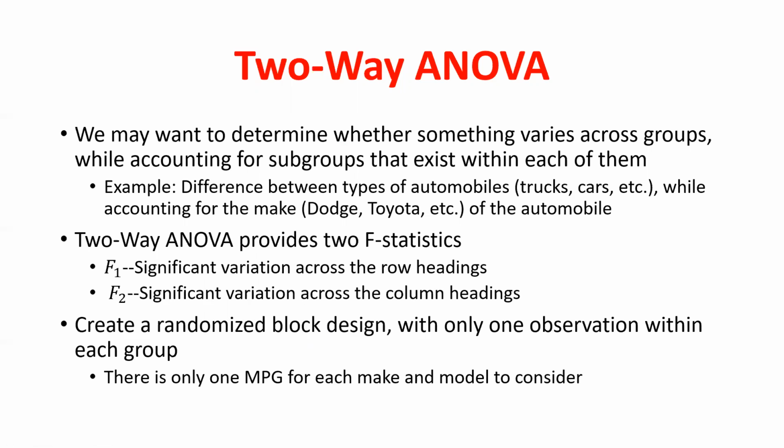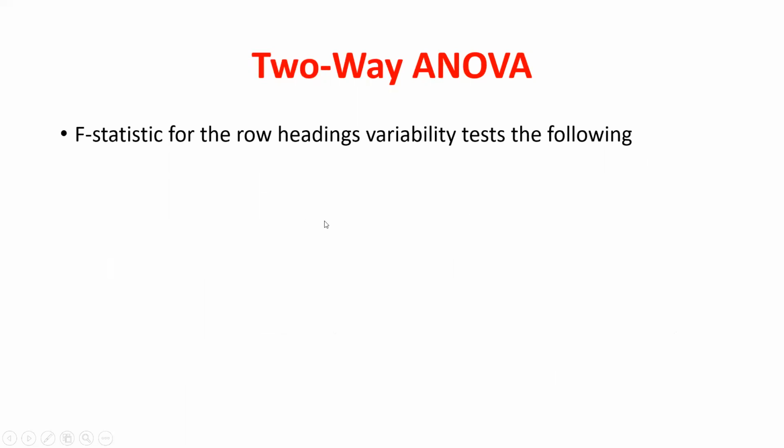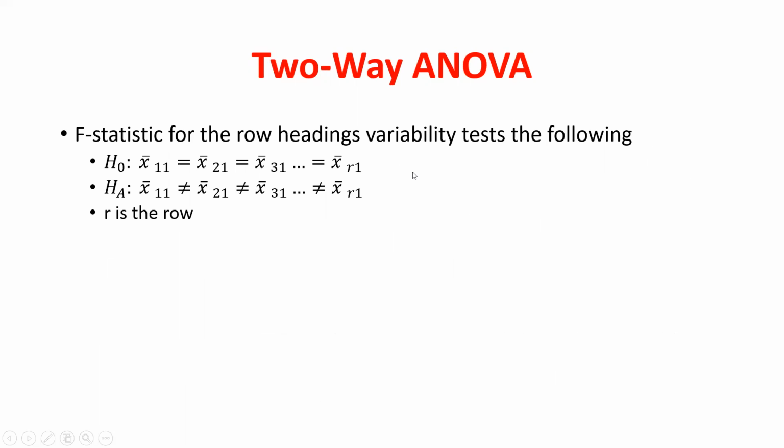You would then find what the average miles per gallon was for each different combination of make and model here, or like type of car. Right? Truck, sedan, you know, whatever, however the classifications are. Okay? So that first F statistic, which is saying, is there variation across whatever your row headings are?